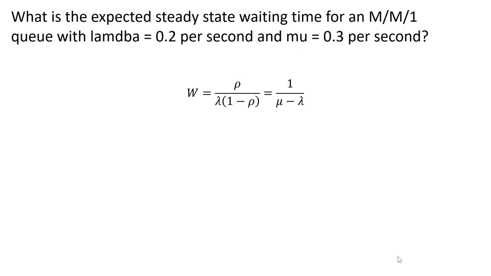So for the waiting time, that one is rho over lambda times 1 minus rho, which is a strange way to write it because you've got rho and lambda in there. But it simplifies to 1 over mu minus lambda, and that ends up being 10 seconds. And that's the whole system, not just the queue now. This is the waiting time: how long it takes to get through the queue and to be serviced.